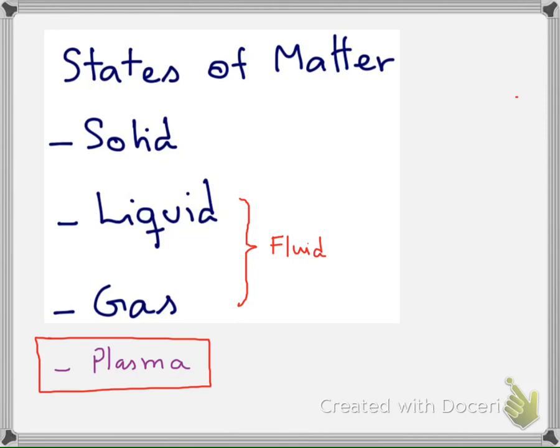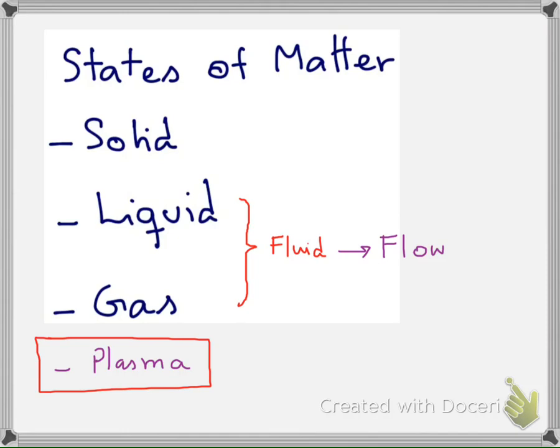Fluid means that when the object is in this state, it can flow. When an object is in the solid state, it cannot flow. It can move, but it cannot flow. But when it is in the liquid or gas state, it can flow.